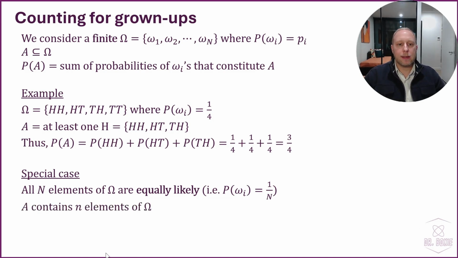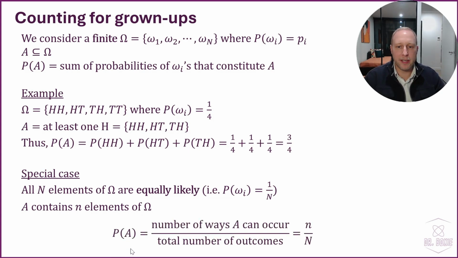In that case, let's say that A is some event and A contains little n elements of the total number of elements in omega. What is the probability of A?